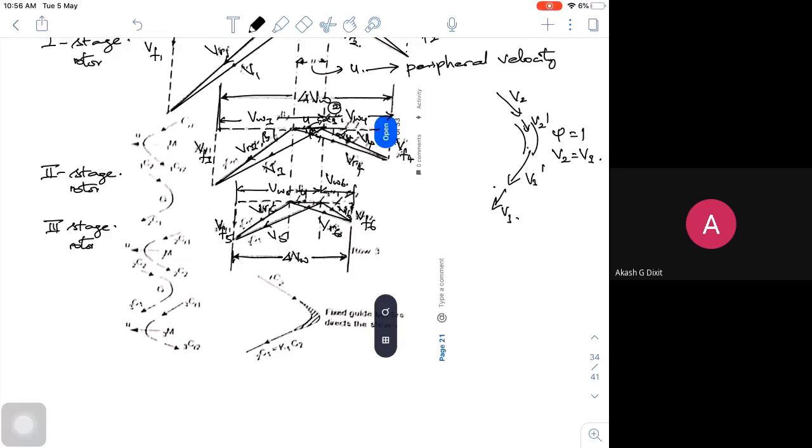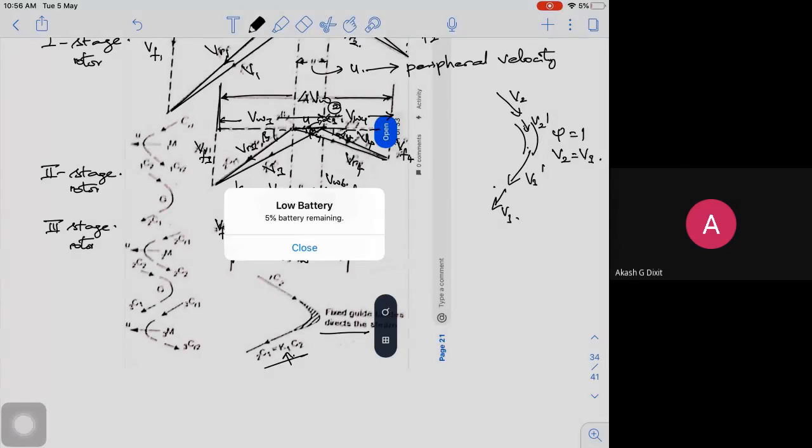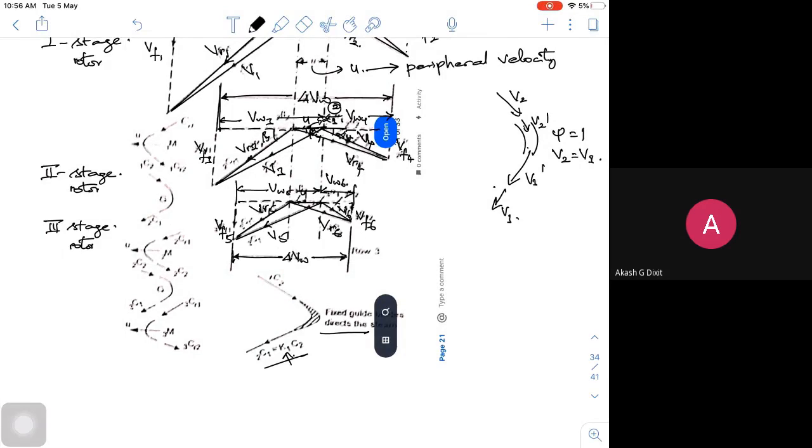So whenever I have fixed guide vanes, look at this particular thing. I do have K1 or whatever we call, that is your corresponding flow, your psi or whatever we have taken. So psi is nothing but your carryover coefficient. You take that carryover coefficient and calculate the next point of your velocity.